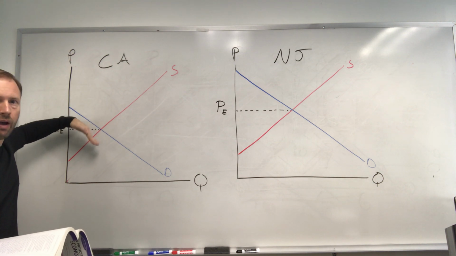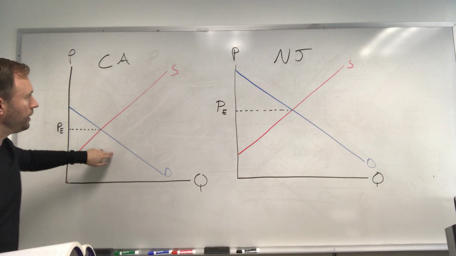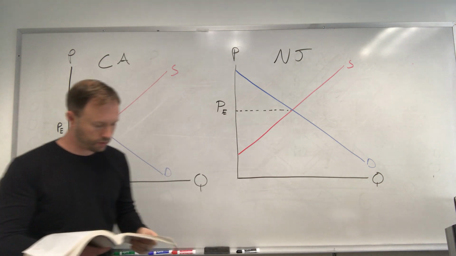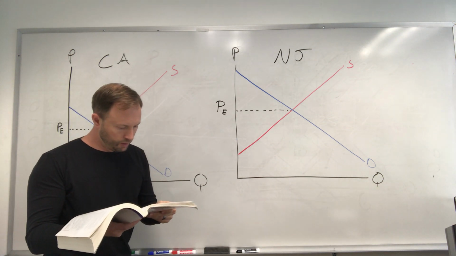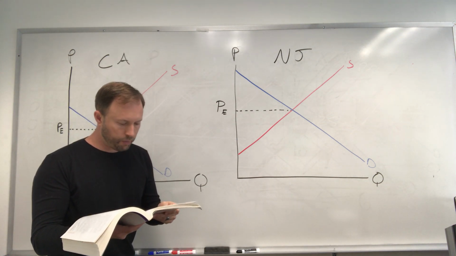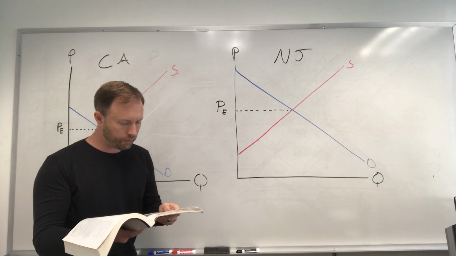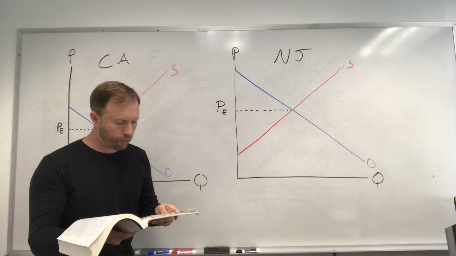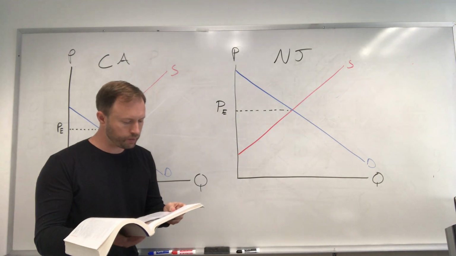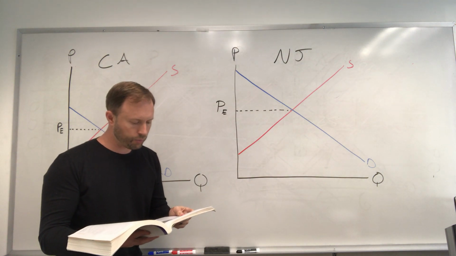It's lower and farther to the left in California than it is in New Jersey. If there had been no price controls, what would have happened to the prices of heating oil in New Jersey and in California, and how would greedy, quote-unquote, greedy business people have responded to these price differences?